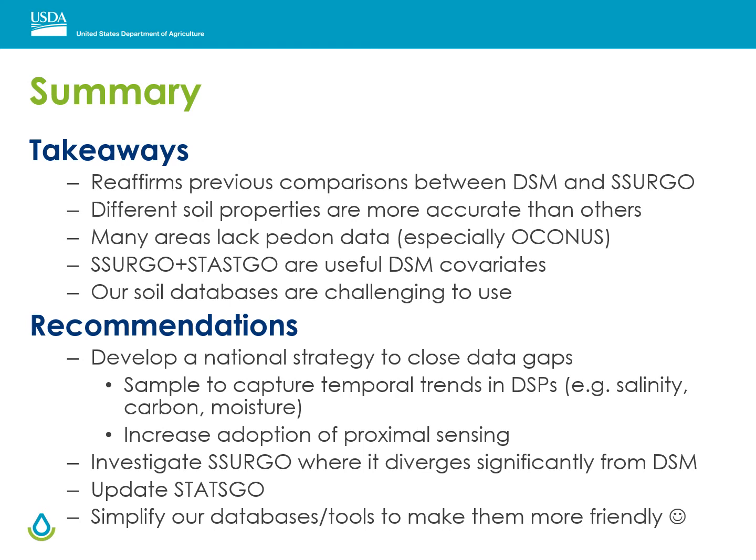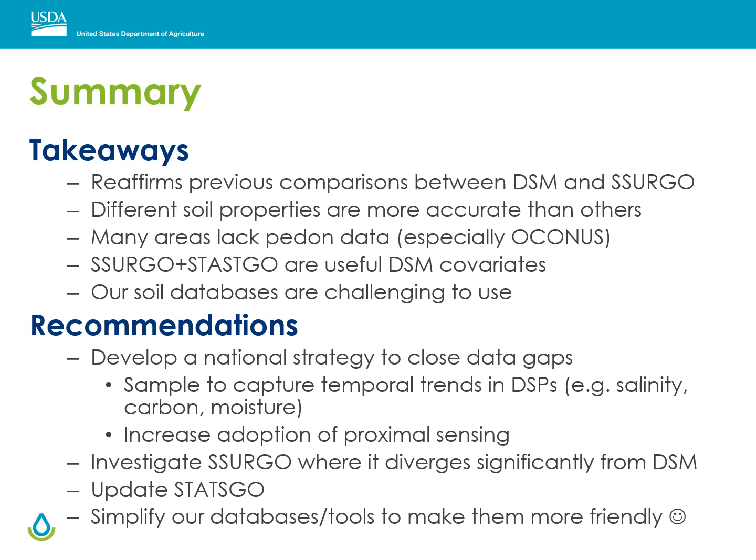This is to be expected and relates to the next two points and following recommendations. Many areas lack georeferenced pedon data, especially areas outside of CONUS. SERGO and STATSCO turned out to be useful DSM covariates. Therefore, we don't have to throw out the baby with the bathwater. And lastly, our soil databases are challenging to use, which shouldn't be a surprise.